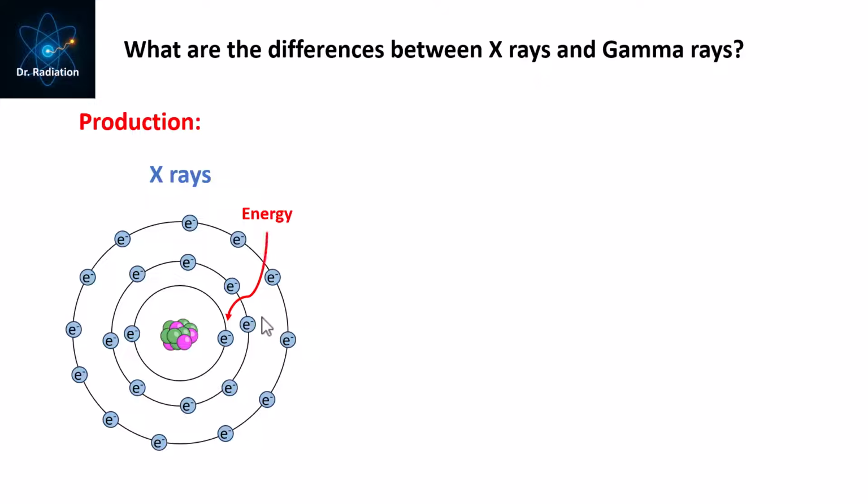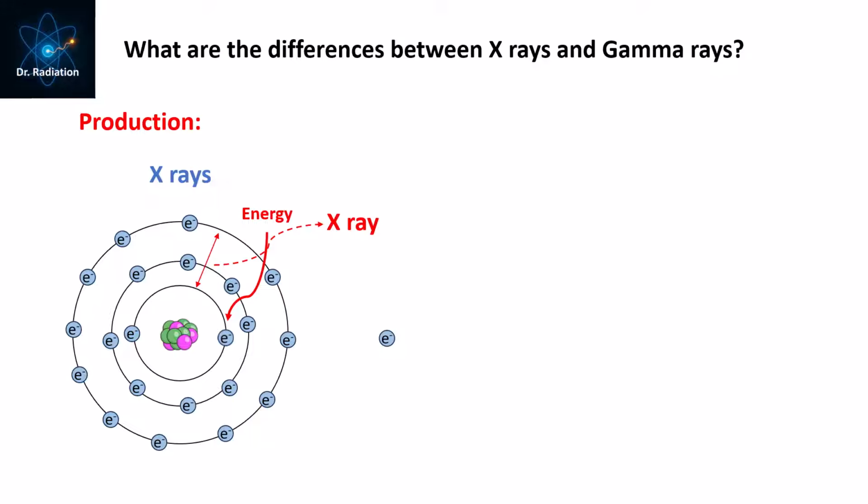If one of these atomic electrons is given enough energy to be detached from the atom, the atom will be ionized. The empty space where the electron was can be filled with another electron from an upper shell. With this, we have a difference between the energy levels of these two shells that will then be emitted as an X-ray.